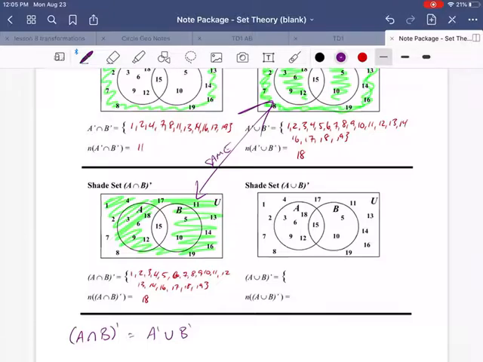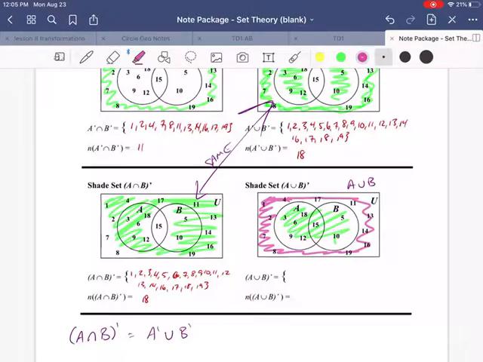A union B is going to be everything there, so the complement of it is all these numbers which are outside of the circles. We don't want the stuff inside the circles, we want the stuff outside.